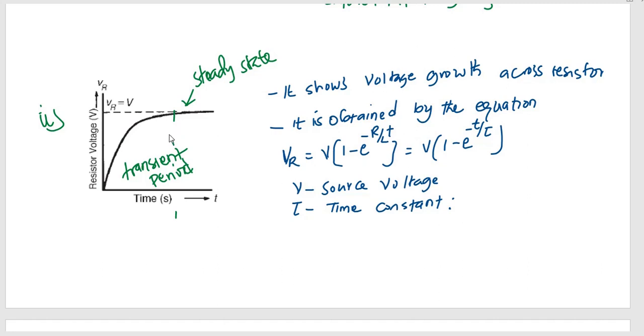After a very short period of time, the voltage reaches its final steady state, where the voltage across the resistor is equal to the source voltage. This graph is obtained by VR equal to V times 1 minus e to the power negative R over L times t, which is V into 1 minus e to the power negative t over tau, whereby V is the source voltage and tau is the time constant.